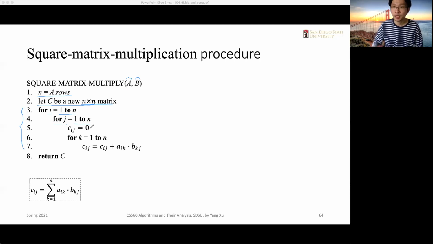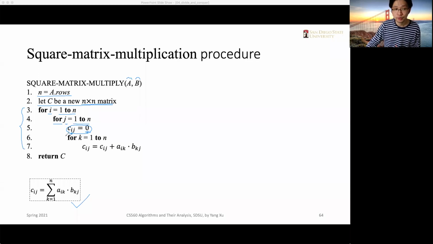And within the body of the second for loop, we use Cij, okay? Because i and j are used to go through all possible positions within the output matrix, right? So Cij is the element we want to compute. At the beginning, we don't know what it is, so we initialize it to 0, okay? According to the equation here, Cij is the result of summing up a bunch of products.